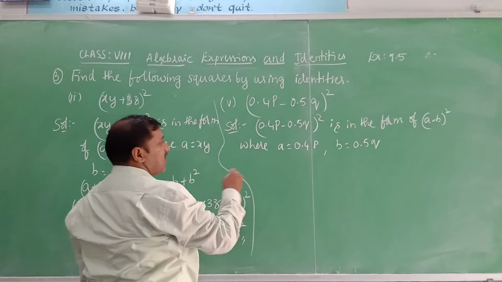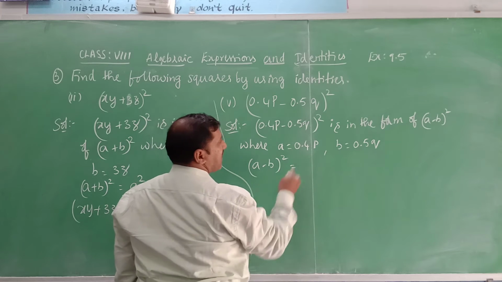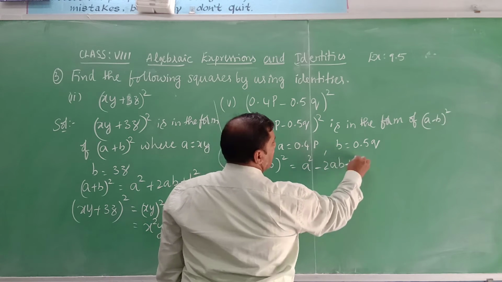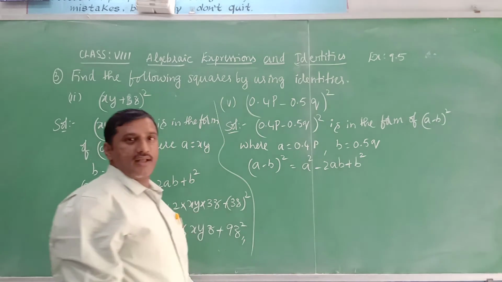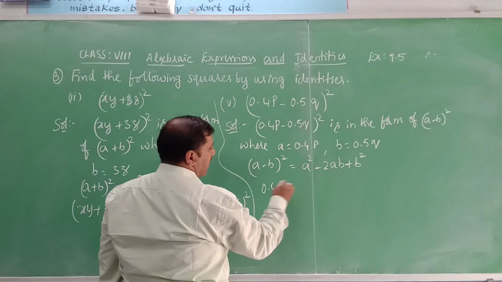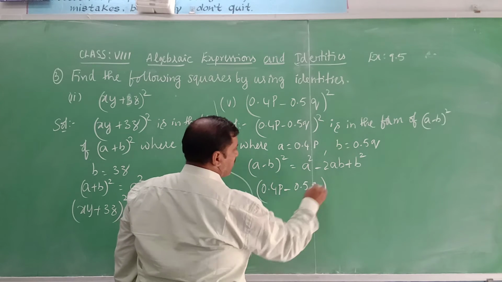Now write the identity: a minus b whole square is equal to a square minus 2ab plus b square. Now here a is 0.4p minus b is 0.5q whole square.